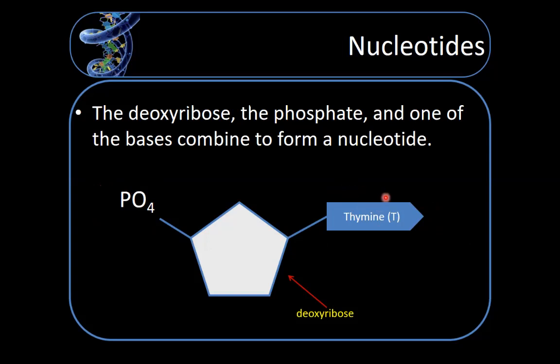Do we know if this is DNA or RNA? Because this is deoxyribose, we can be pretty sure this is DNA. This is an important thing, because thymine is only found in DNA. RNA doesn't have thymine but replaces it with a different nucleotide.